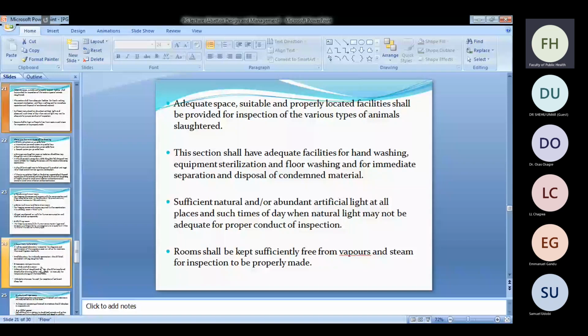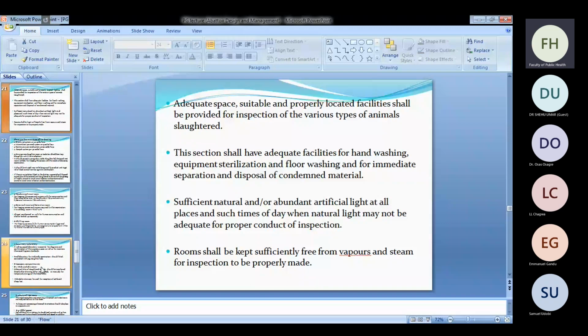You will be able to see very well. In a vapor-contaminated area, you won't be able to see very well in order to do your inspection. The same thing with light. Without adequate light supply, you won't be able to see, to know the lymph node, what to touch inside the lymph node, and to see what you observe. You need adequate light supply to be able to achieve this.